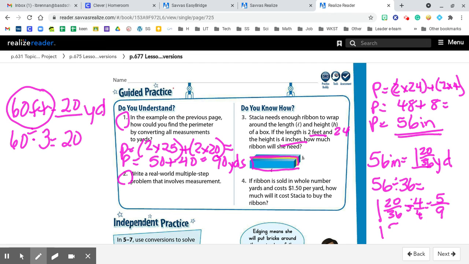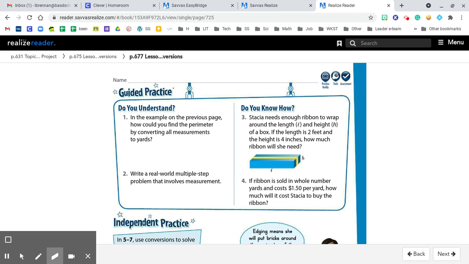So my final answer is 1 5/9, and I'm going to multiply 1 5/9 by $1.50. Well, actually, I guess you want to round that. So she's going to want 2 yards. So $3. That was kind of unclear, but all right.